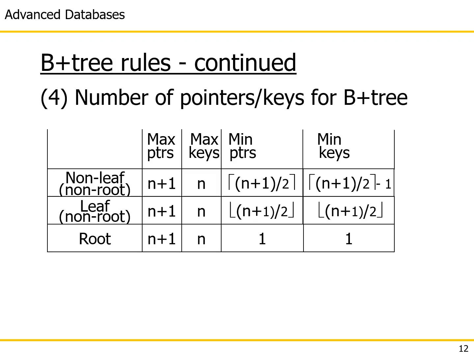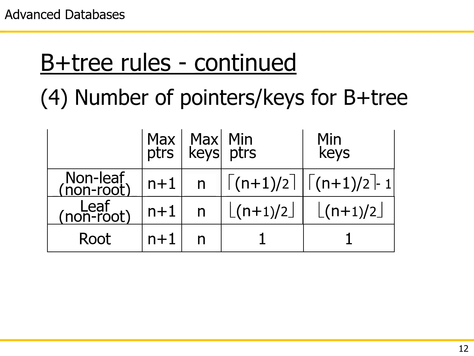The minimum keys, consequently, is going to be related to the minimum pointers, because if I say that the minimum pointers for the non-leaf is n plus 1 divided by 2 ceiled up, then the keys is going to be n plus 1 divided by 2 ceiled up minus 1, because you gotta get 5 keys and 6 pointers, or 7 keys and 8 pointers.